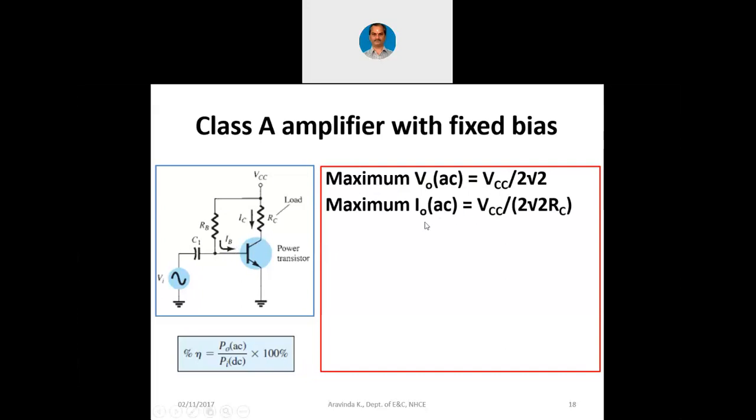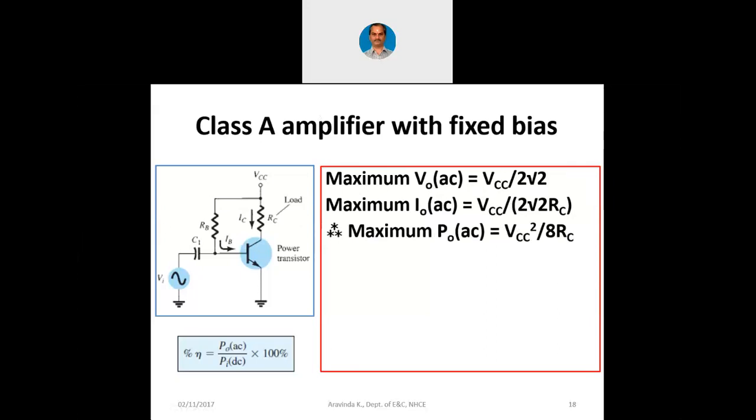Now the maximum output current is the maximum output voltage divided by the load resistance. Here, as the additional load is not given, we have to take the collector resistor itself as the load. Now when we take collector resistor itself as the load, the maximum output current is VCC divided by 2 root 2, and in the denominator RC is going to come.